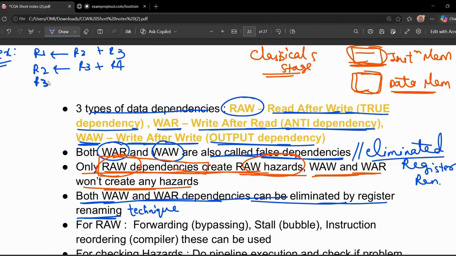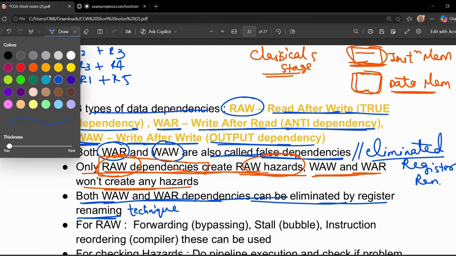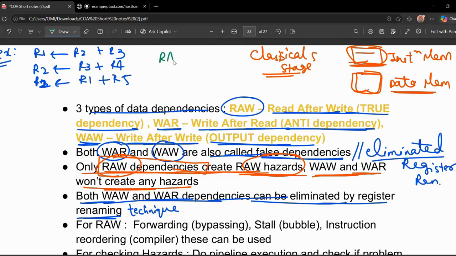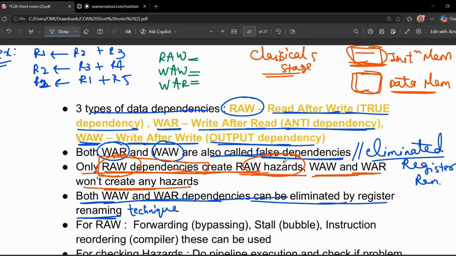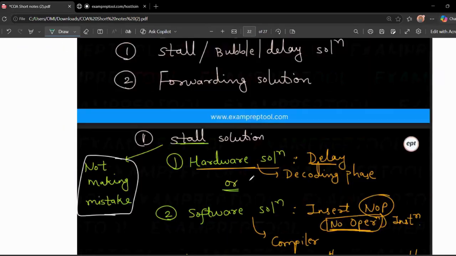Then R2 again, and R1 is R1 plus R5. If these are the instructions, tell me the RAW dependencies, WAW and WAR. You have to tell me all these dependencies. How many dependencies are there and which are they?